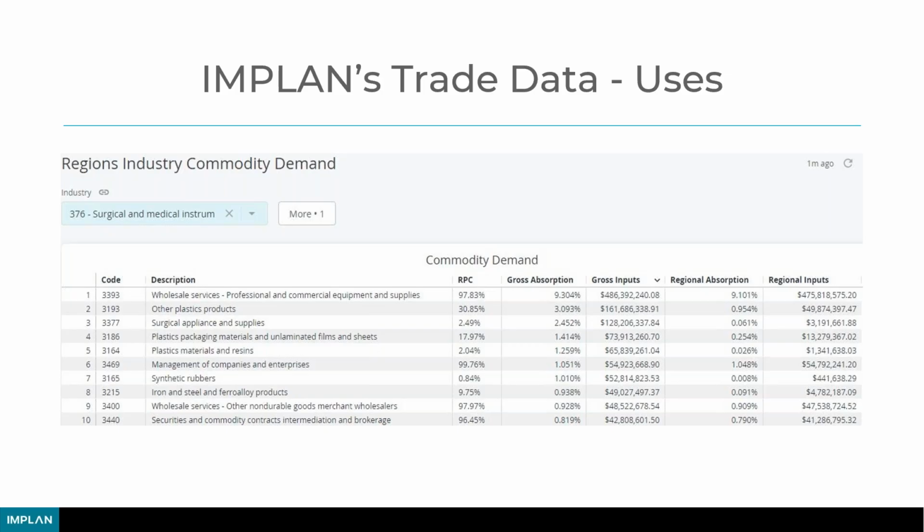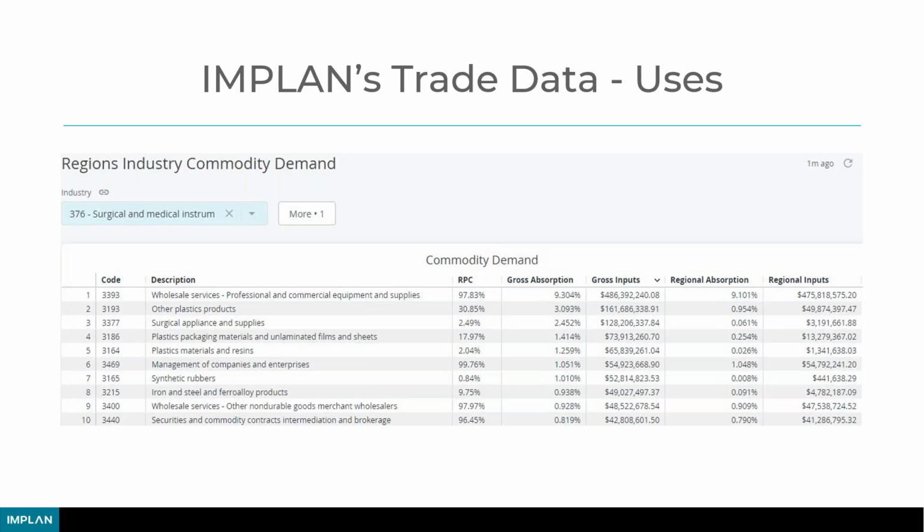Surgical appliances and supplies, plastic materials and resins, and synthetic rubbers all have very low regional purchase coefficients, and those are goods that are being shipped in. That's a trade flow coming in from outside of Minnesota into the region, giving us a lower RPC and more leakage outside of the region.